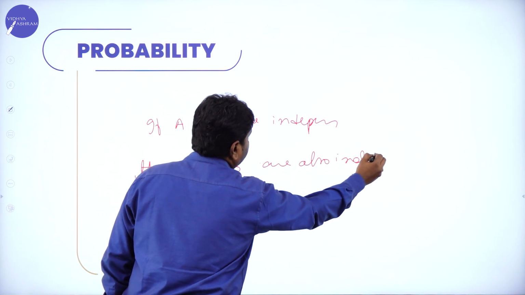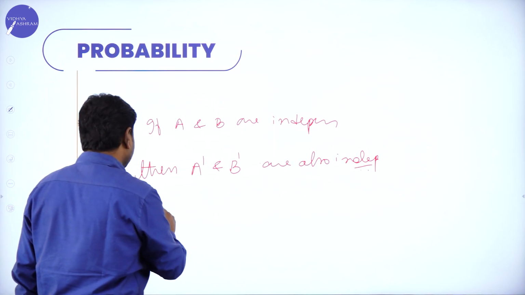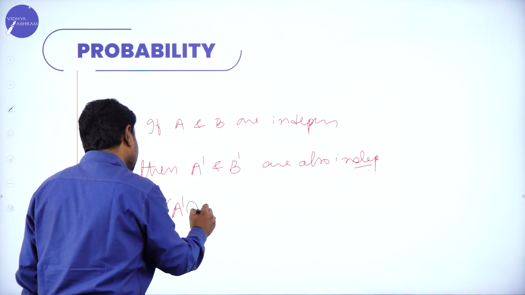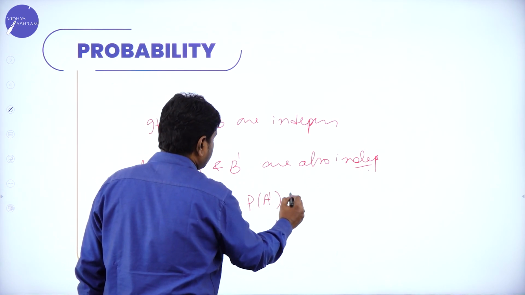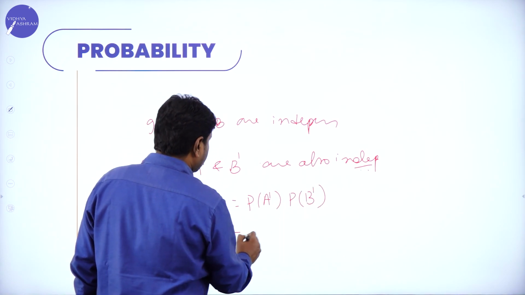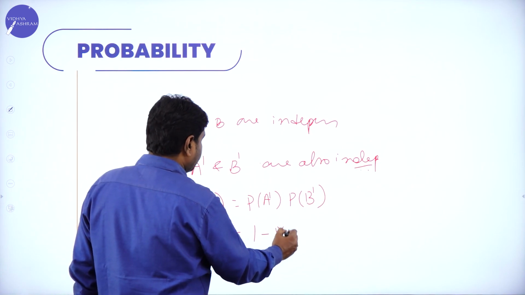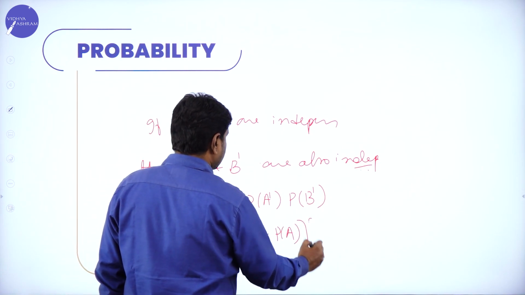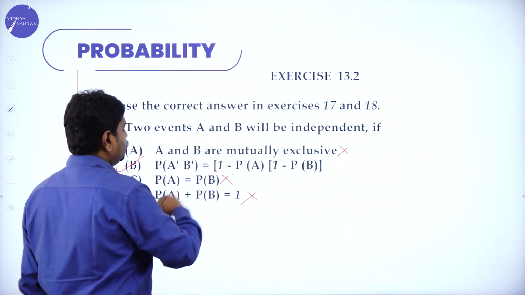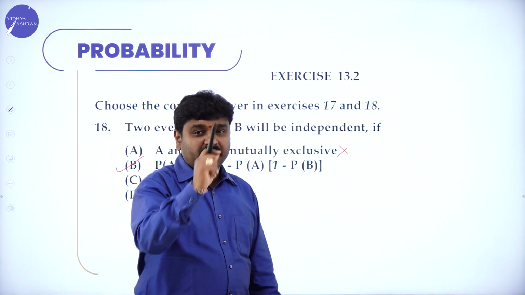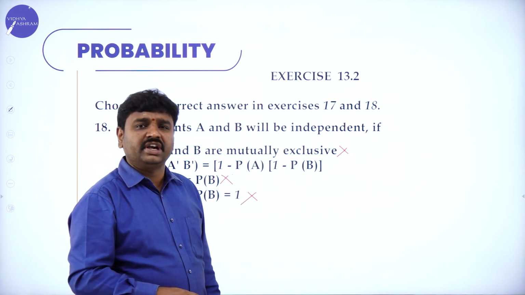If they are independent, then I can write P of A dash intersection B dash is P of A dash into P of B dash. And again I can write P of A dash is 1 minus P of A, and P of B dash is 1 minus P of B. So therefore option B holds good. If A and B are independent, A dash and B dash are also independent.